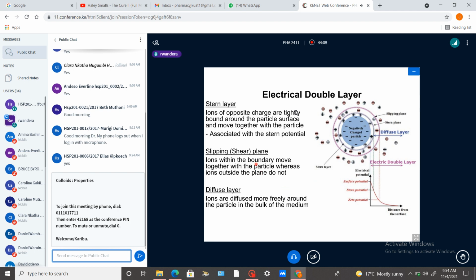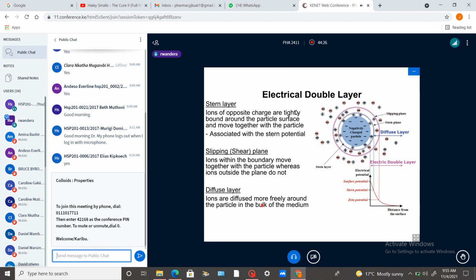Now in the slipping plane or the shear plane, ions within the boundary will move together with the particles, whereas ions outside the plane will not. Finally, in the diffuse layer, ions are diffused more freely around the particles, in the bulk of the medium.